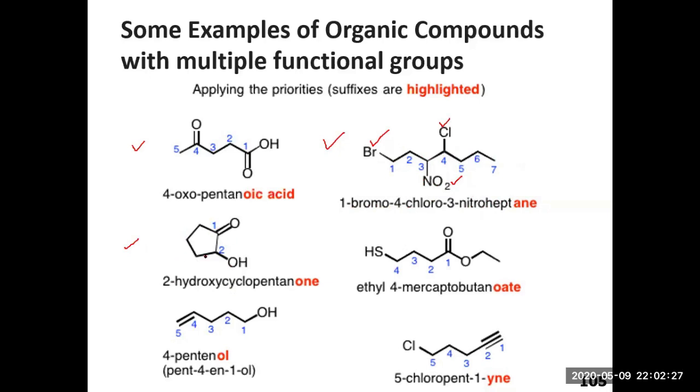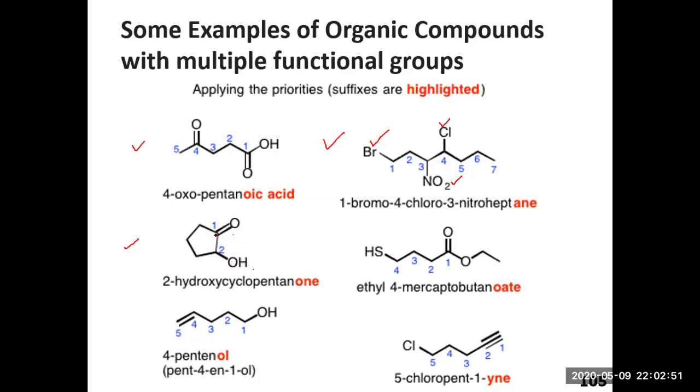All right, let's take a look at this third example here. So we have here a cyclic molecule which has a ketone functional group, and you have here an alcohol. So between a ketone and an alcohol, the priority group will be your ketone. Now, since this is the priority group, then we should number the ring in such a way that the alcohol group will still have the lowest possible locant.